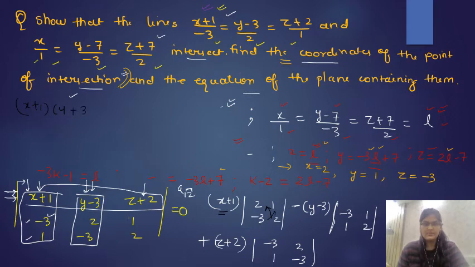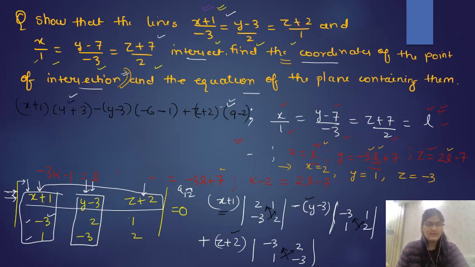So plus 3. Then here it is minus y minus 3. Then again cross multiply. Minus 3 times 2 is minus 6. Minus is in the formula. 1 times 1 is 1. And then here you have z plus 2. Then if you do cross multiplication again, minus 3 times minus 3 is plus 9, and then minus 2 times 1 is 2, right?